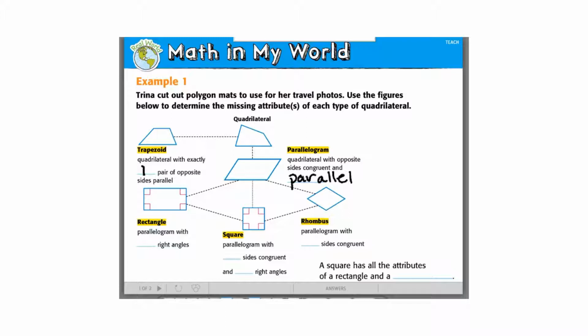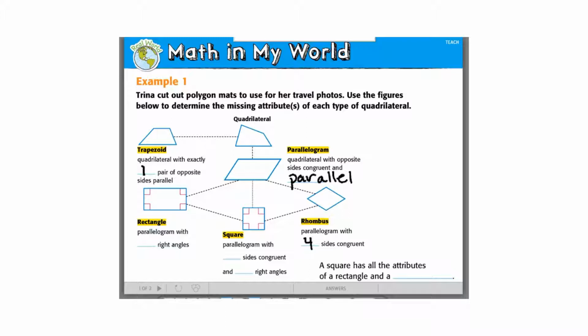So let's go to the bottom right here. This shape here, a rhombus, is a parallelogram with how many sides congruent? How many sides must be congruent, Angelina? 4. All 4 sides must be congruent in order to call it a rhombus. What about a square? A parallelogram with blank sides congruent and blank right angles.